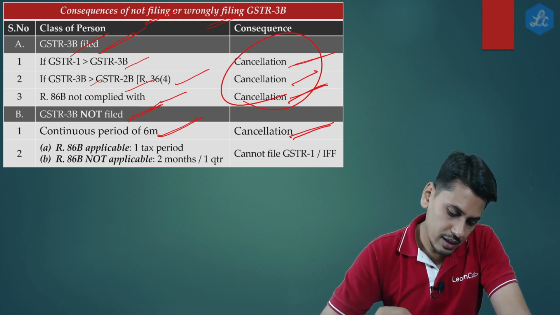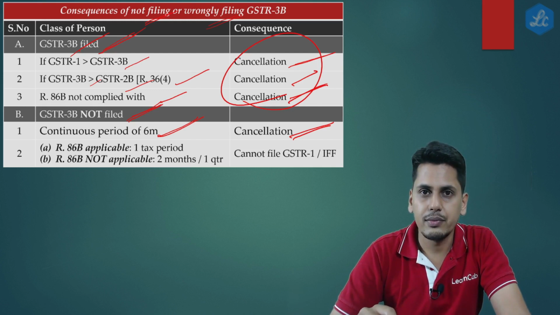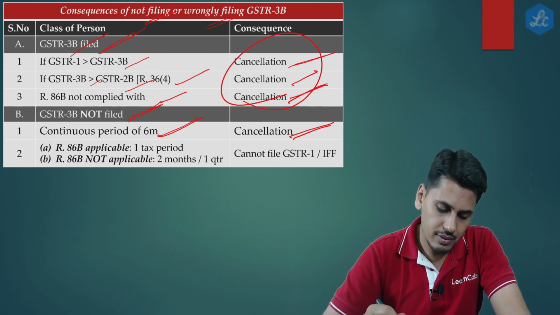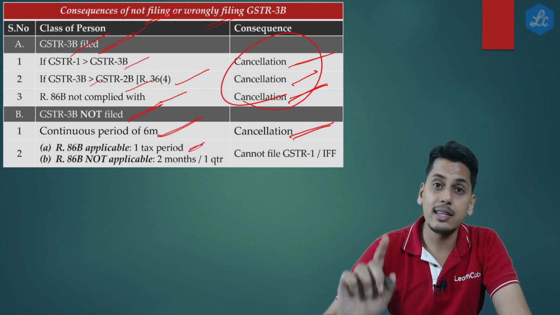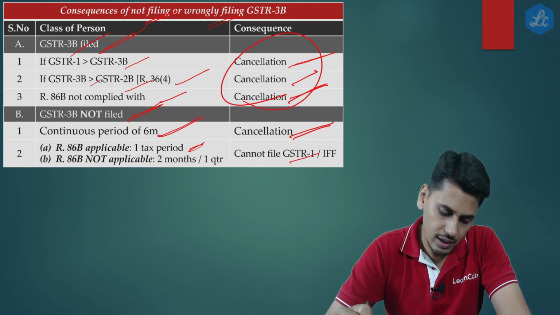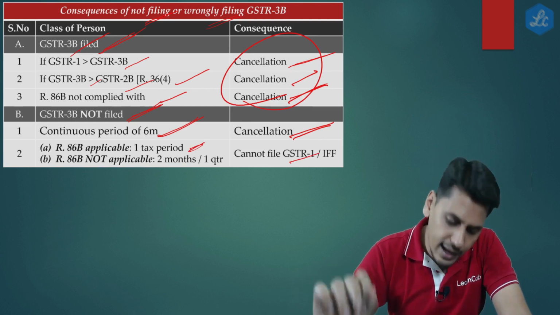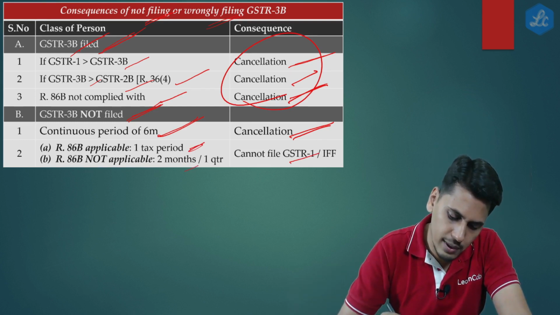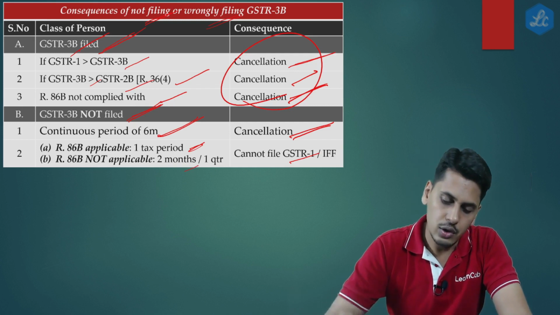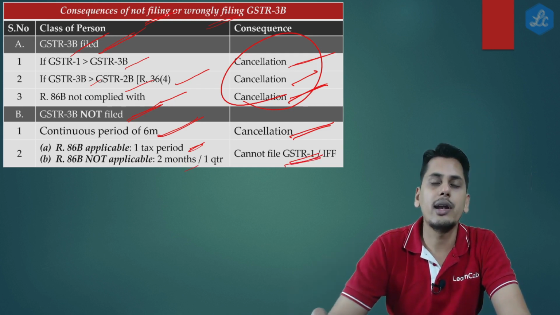The next one, if GSTR 3B is not filed and where 86B is applicable, then if you do not file GSTR 3B for one tax period, you cannot file GSTR 1 or IFF. If 86B is not applicable and you do not file GSTR 3B for 2 months or for 1 quarter, in case of quarterly returns, you will not be in a position to file GSTR 1 or IFF.